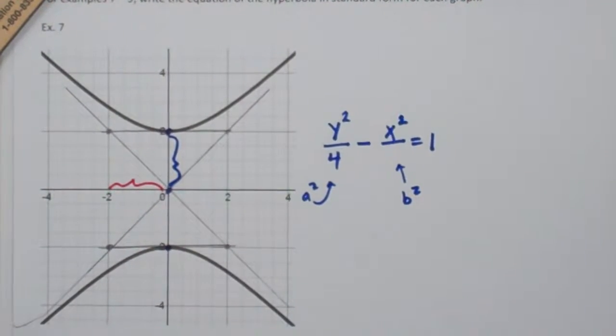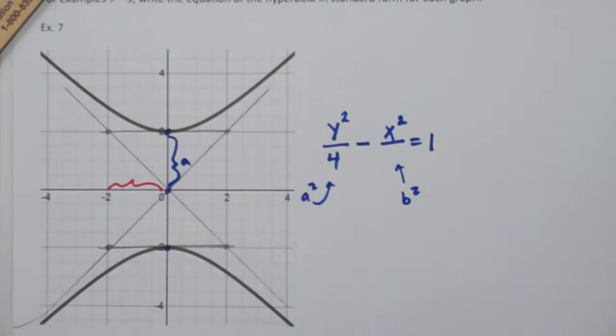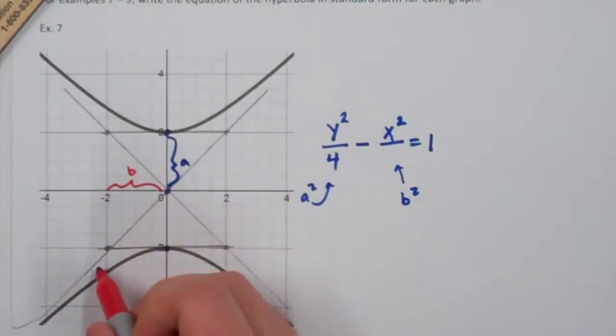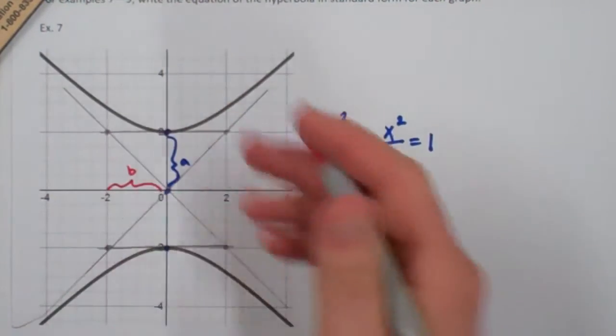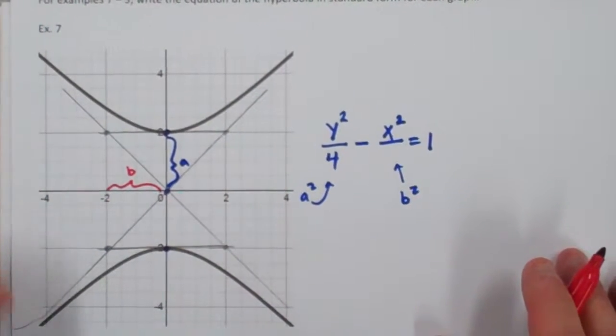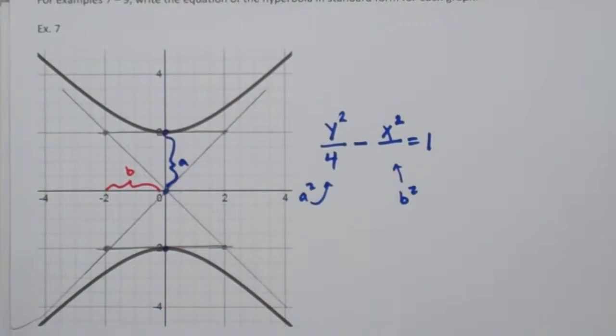So I should have put an a over here, I guess. That would have been helpful. And then a b. The b would be just this distance from the center out to the edge of this square, or in this case it's a square, but of that rectangle. So b in this case is also going to be 2.